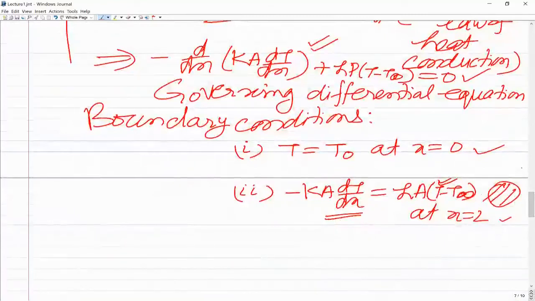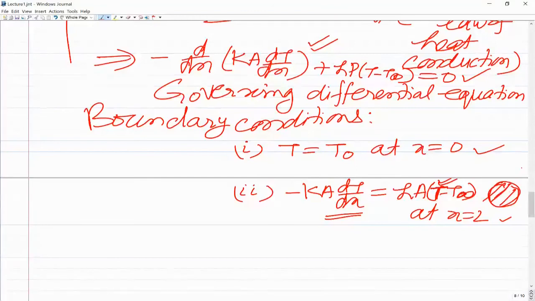Okay, sir. Not x equals 0, sir, but similarly at x equal to L. If you are talking about this T, that will not be T infinity again. There is some heat flow. If the temperature at the right end were T infinity, then there would be no heat transfer from that section, from the right end. So this T is no different from T infinity.